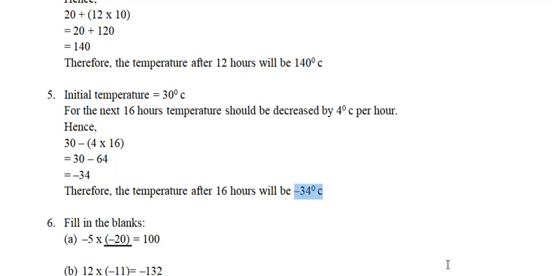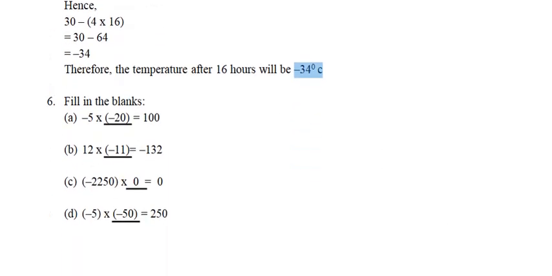Now question number 6 is very simple. Minus 5 into dash equals 100. Your answer should be positive, which means minus into minus should be plus out here. Now just divide 100 by 5 and you will get 20.